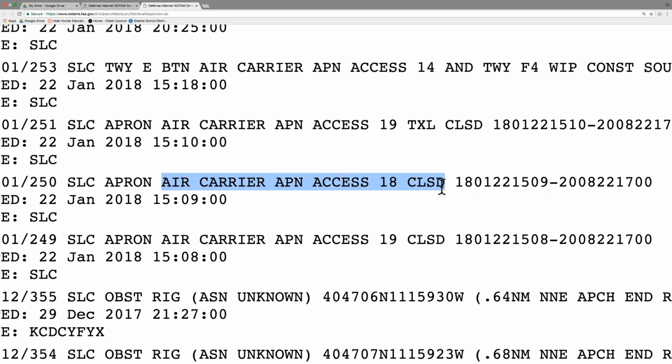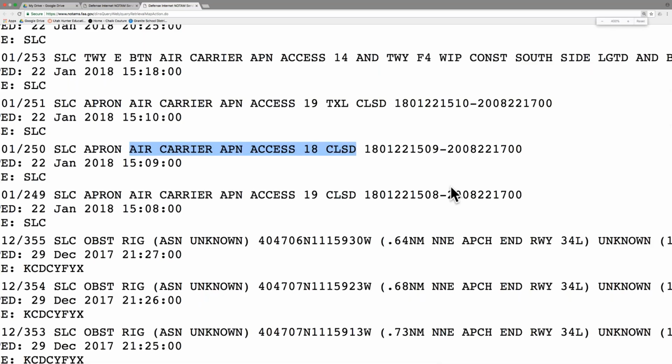This section, I'd say the remarks, I would call it the remarks section. Okay. So I thought that Salt Lake would produce a little bit more fun NOTAMs than this, but we'll go over this one. And then you said that those numbers were what? This is the timestamp. This is the effective time.